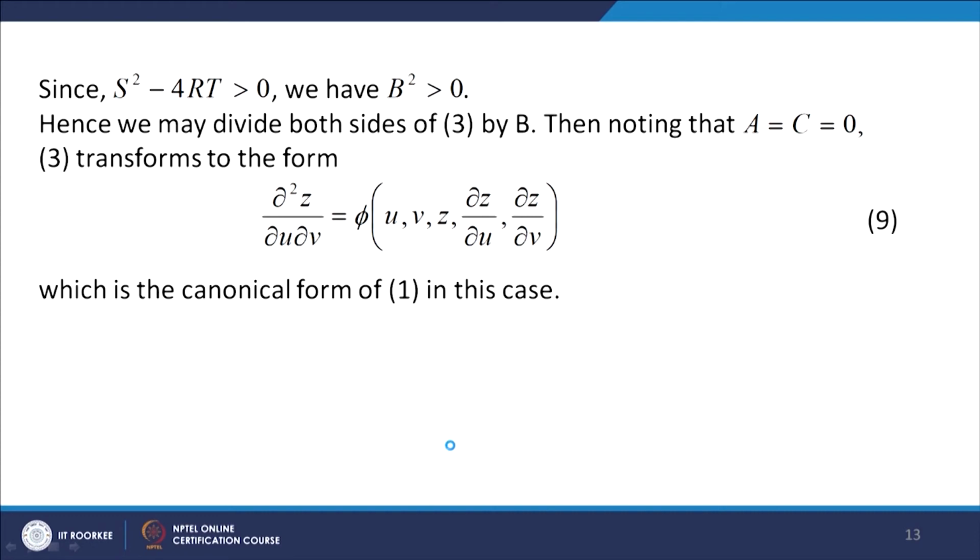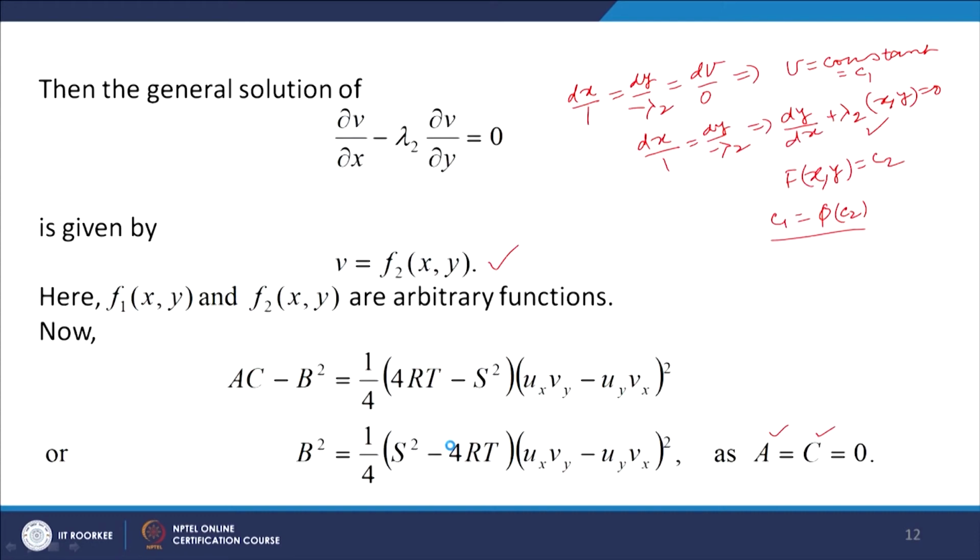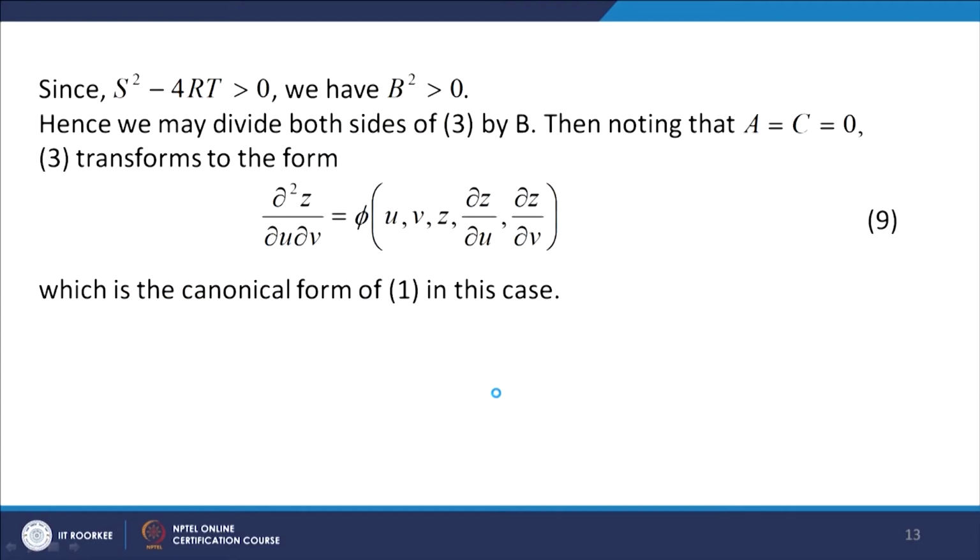In ux by minus uy bx, u and b are arbitrary functions of x and y. S square is greater than 4 RT, so we can assume that this is strictly positive. So, b square is strictly positive, and that means b is not equal to 0.